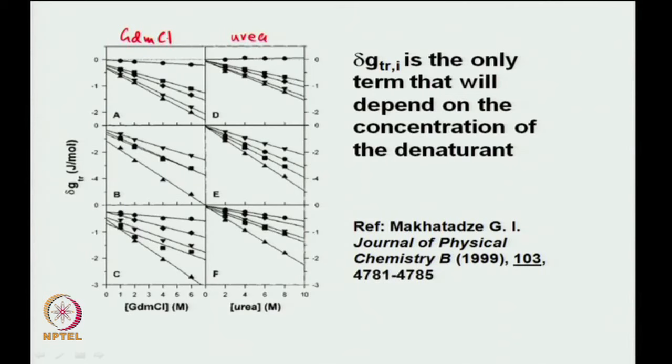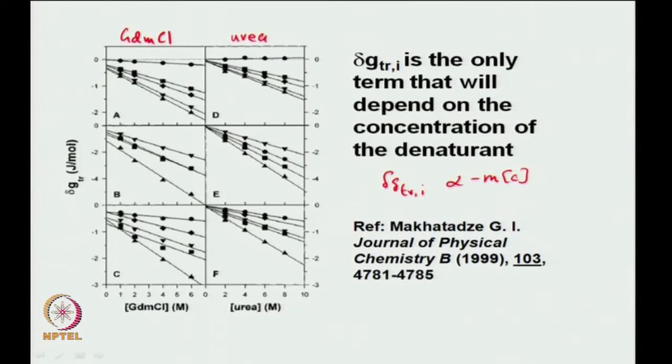Okay. Now, from the previous slide what I had said was delta G transfer should correspond to what? Minus m times C. Now, what does this immediately tell you? What it immediately tells you is, one, obviously it varies linearly, but two, when C is equal to 0, that means concentration of denaturant is equal to 0, what will happen to delta G of transfer?